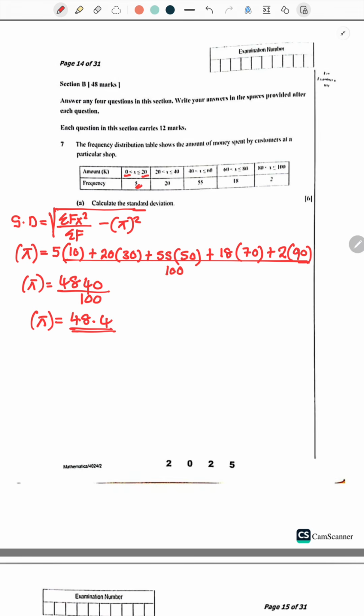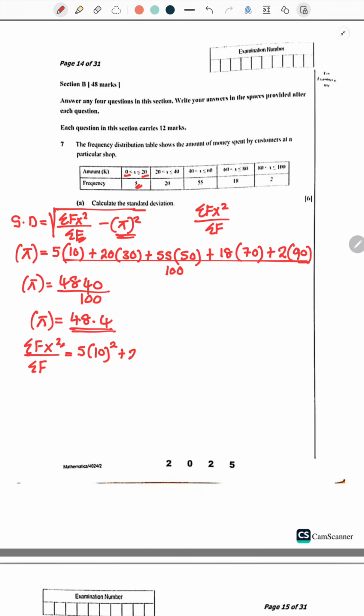Now, the next part that we need to find, because we have already found this part, is the summation of all frequencies x to the power 2 over summation of all frequencies. So we are going to pick the same thing. We started with 5. Notice what I'm doing. I have 5, then I open the bracket. This time around, I'll just be putting a power 2.